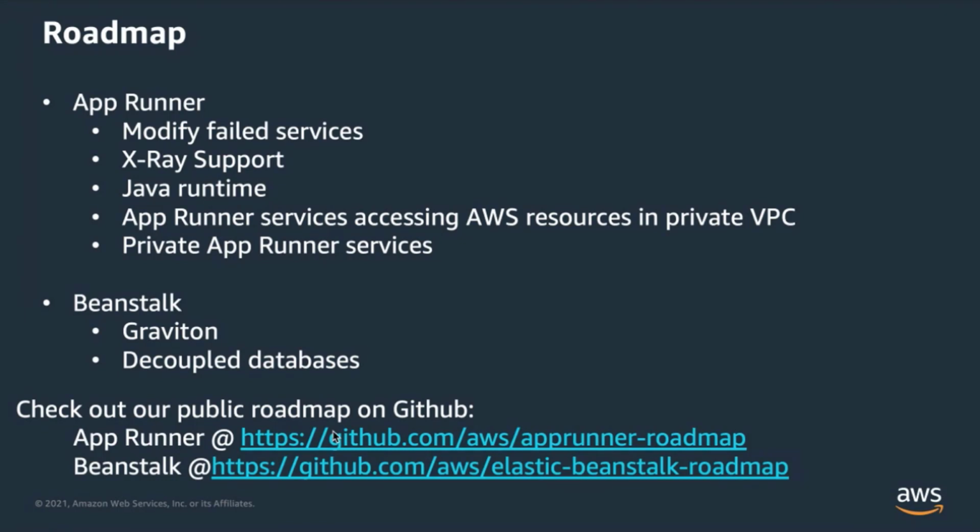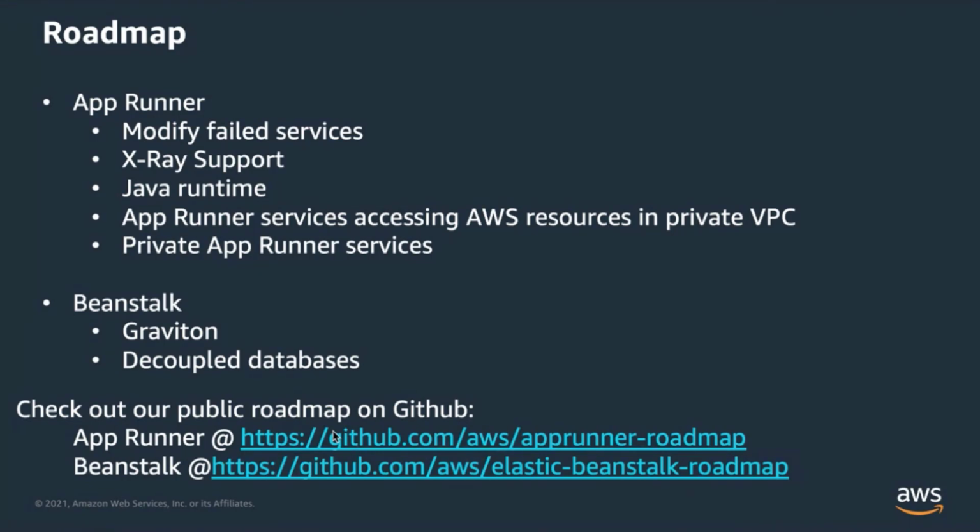Then we're going to ship private App Runner services. As you saw, the endpoint today on App Runner is public, so clients can access it over the internet. Maybe you have applications that you want to be accessed only within your private Amazon VPC. So we'll build a feature which allows you to lock down that endpoint to your private VPC.